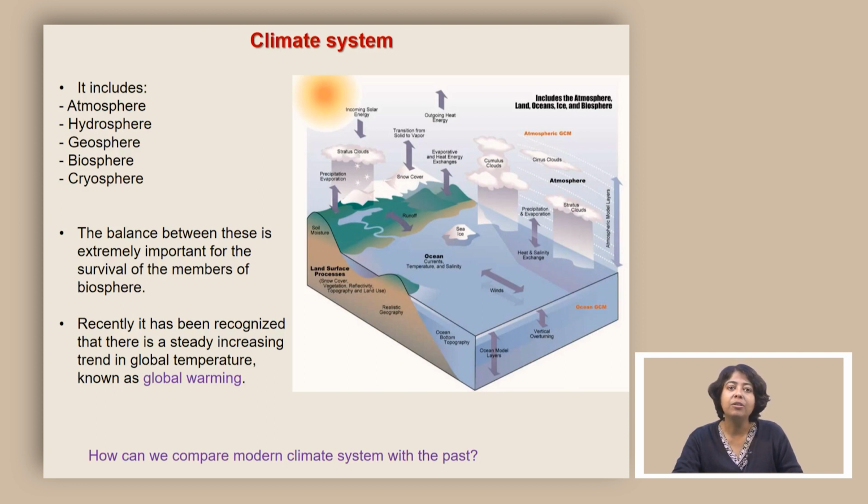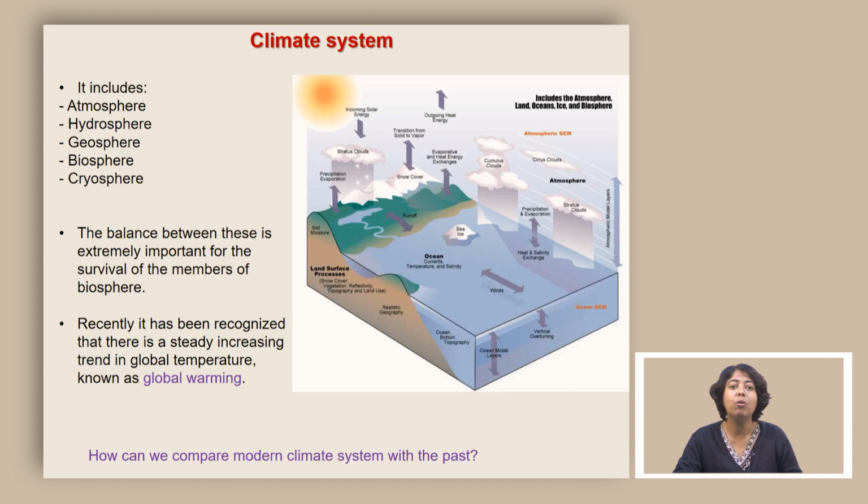Now, when we try to understand what might be the repercussions of this increase in temperature, we also want to know the long term record of such increase in temperature. What are the other spheres which are going to be affected? What is going to be the magnitude of these effects?